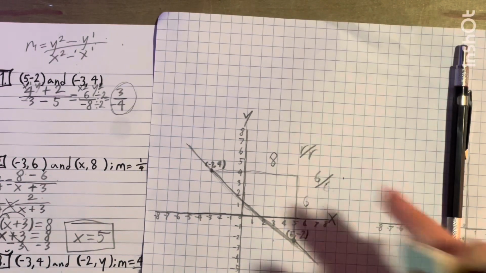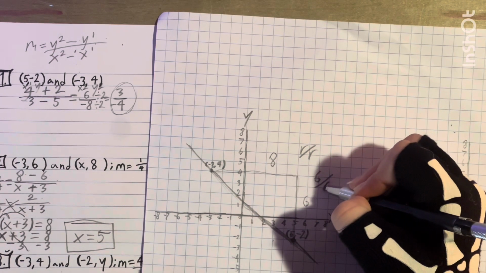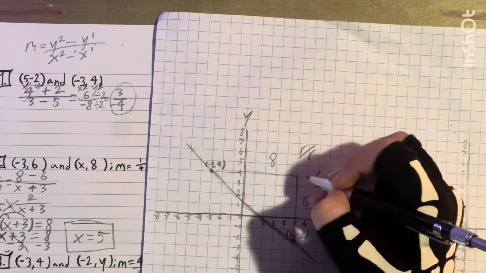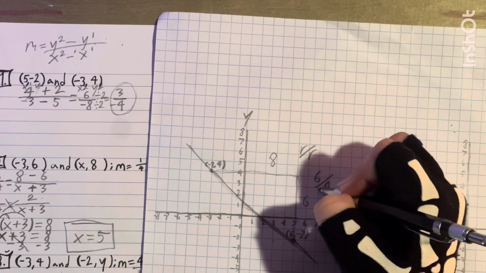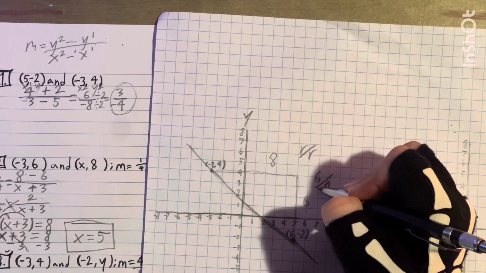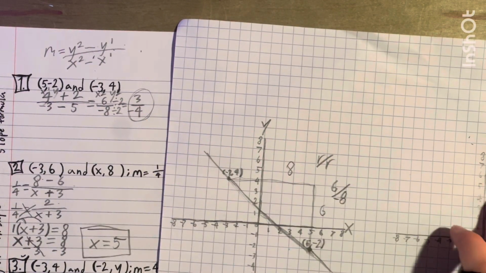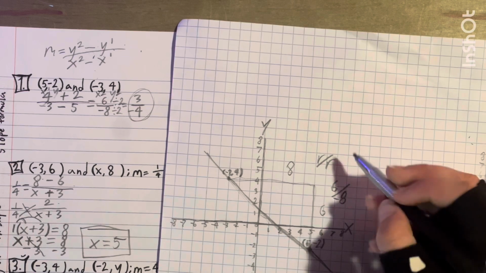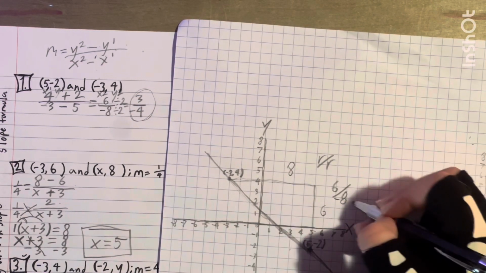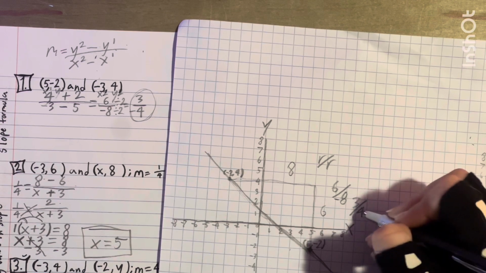Since the line is leaning downwards, you get negative one of these numbers. We're going to make that 8 since that's what it was over here. That's what we got here, and then we divided it and got 3 over negative 4.